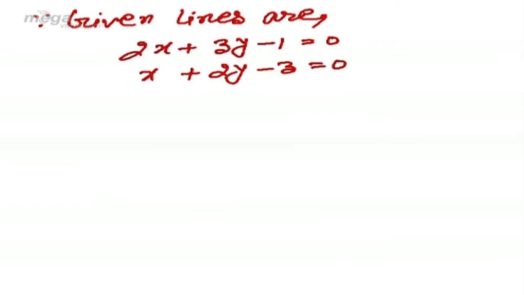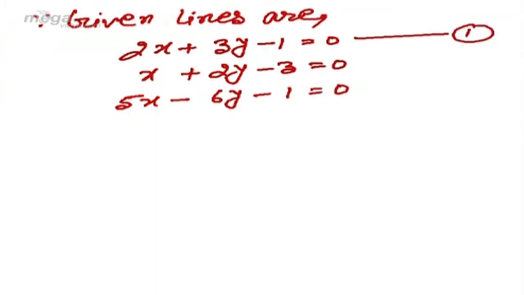So I'm writing here, since the given lines are 2x plus 3y minus 1 equal to 0, x plus 2y minus 3 is equal to 0, 5x minus 6y minus 1 is equal to 0. These are three straight lines.